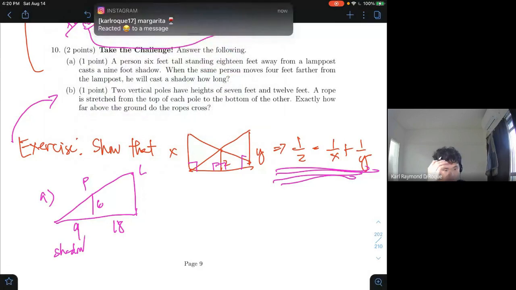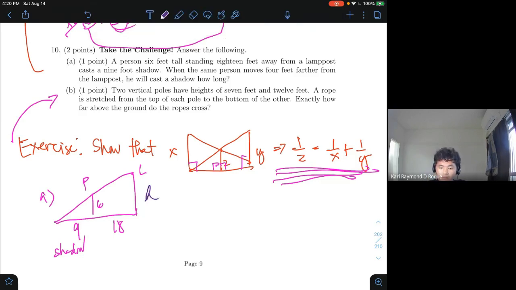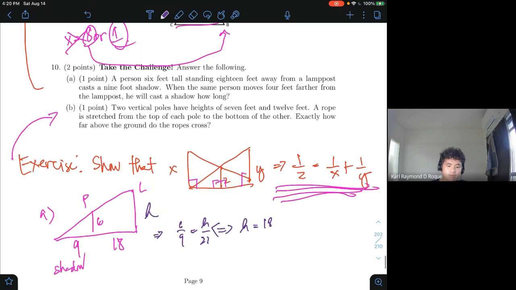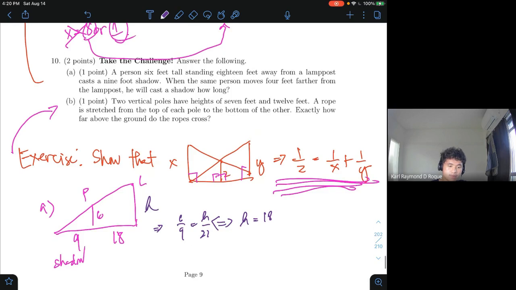Solve for H muna. So, yung height ng lamppost is 6 over 9 equals H over 27. H equals 18. So, sabi dito, if the person moves 4 feet farther from the lamppost, how long is the shadow?